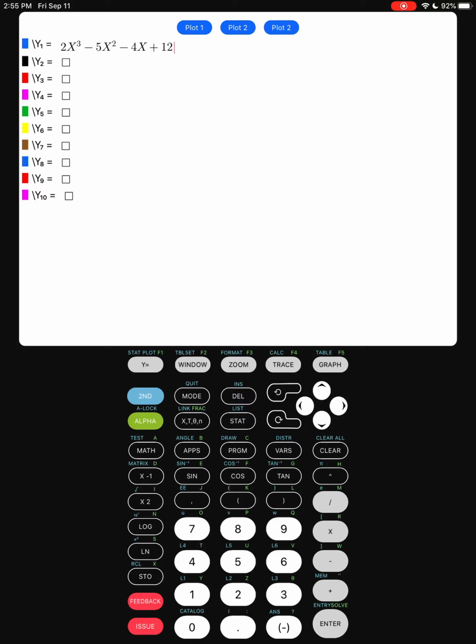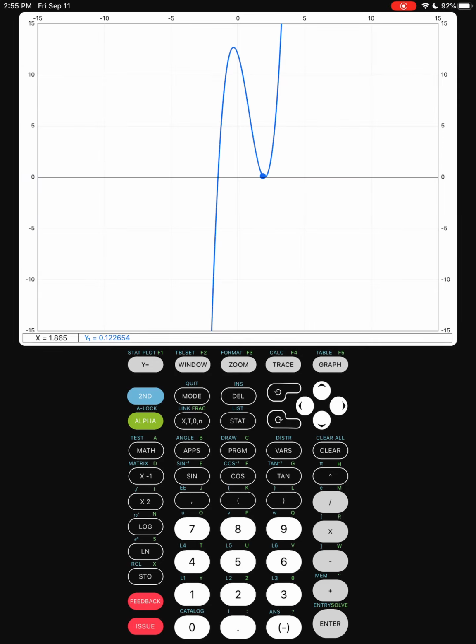You just type it in just as it looks: 2x to the third minus 5x squared minus 4x plus 12. You get your x from the button right next to the green alpha key. If you type it in and hit graph, you can see your picture.